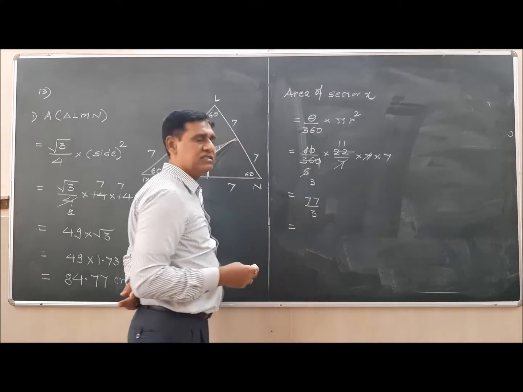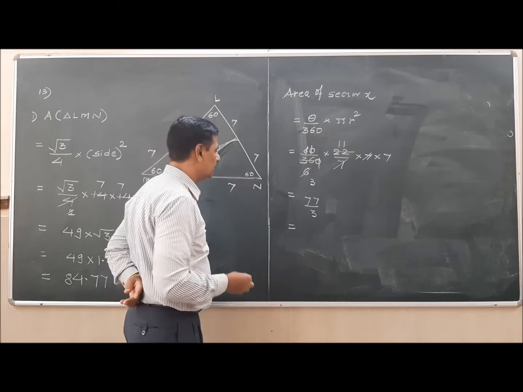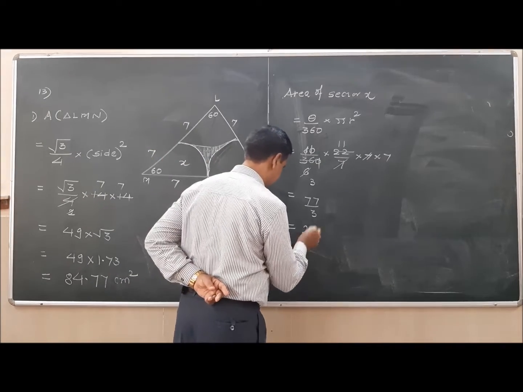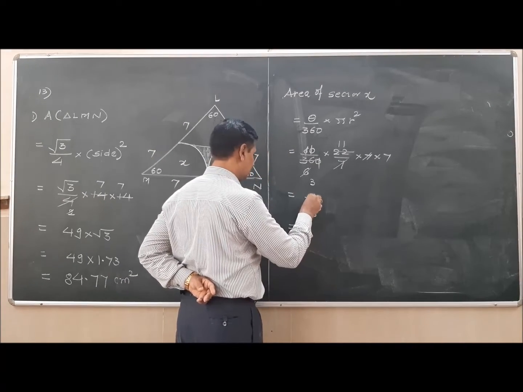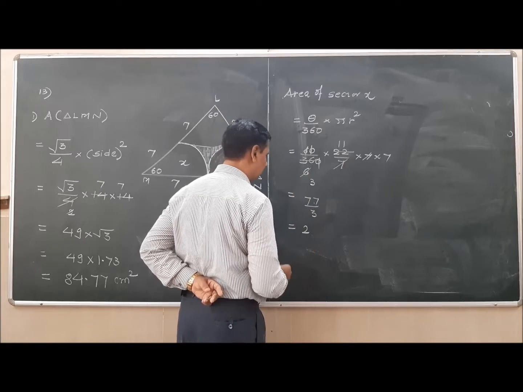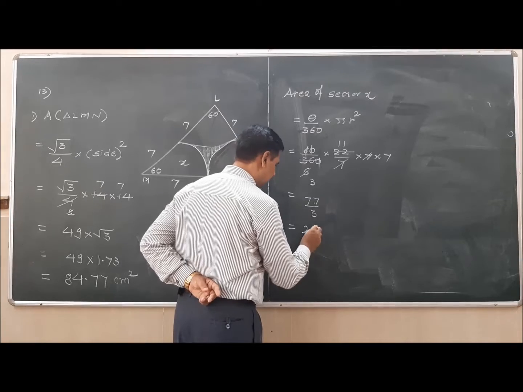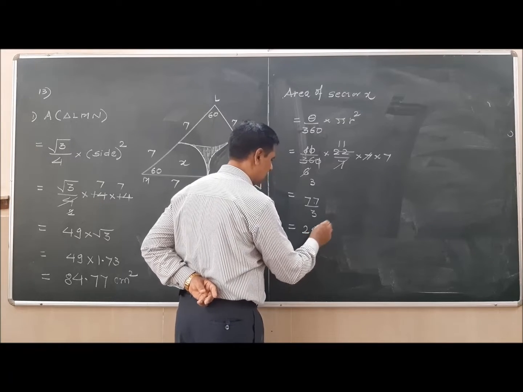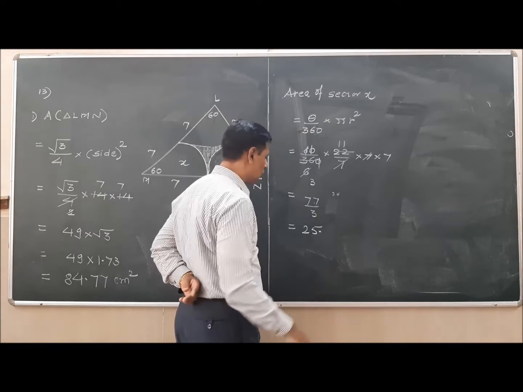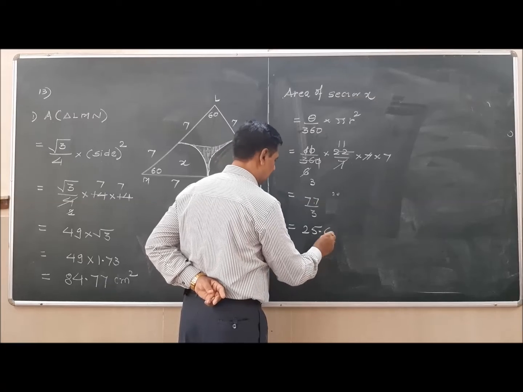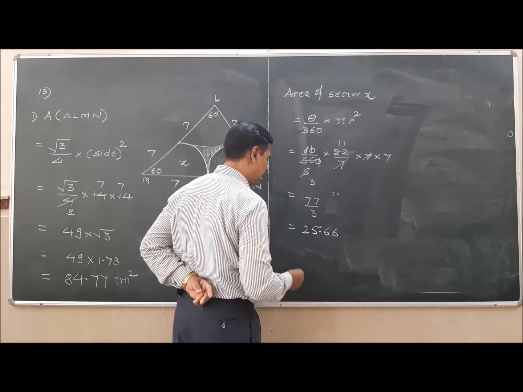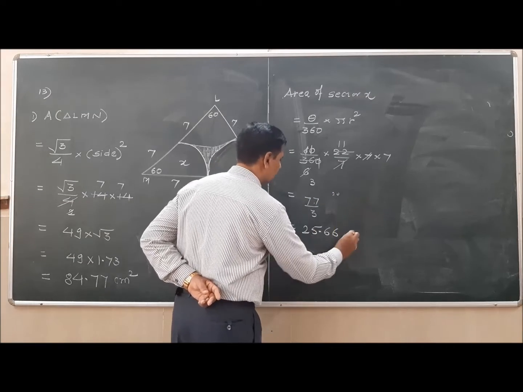Very often we get this number 77 upon 3. 3 2s are 6 plus 1 is 7. So you'll find 3 2s are 6, 1 carried over here. 3 5s are 15. Then remainder is 2. 3 6 are 18, 3 6 are 18 and so on. So centimeter square.